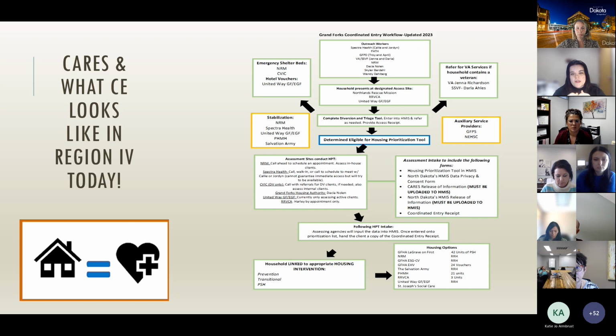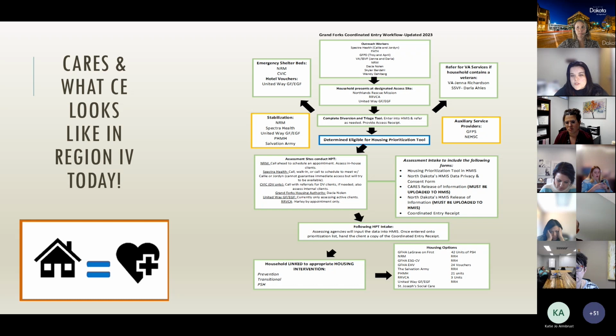So at this point in the process, you would have an assessment done to determine what is most appropriate for you immediately in that moment. So if you can be diverted from the shelter by being provided rapid rehousing type of assistance just to help you get into a new apartment, that could be available to you.